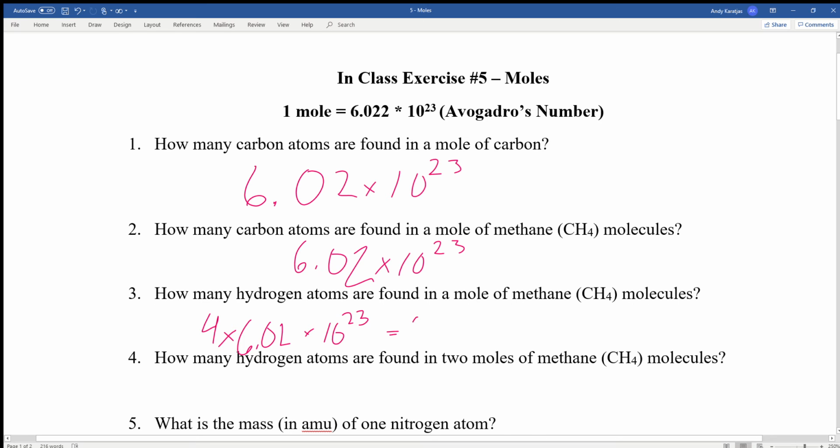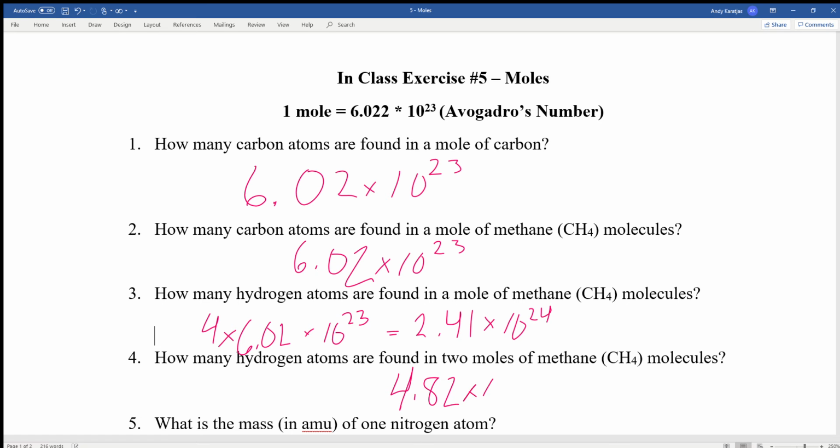And we get 2.41 times 10 to the 24th. If we have 2 moles of methane, it's just going to be double that, or 4.82 times 10 to the 24th.